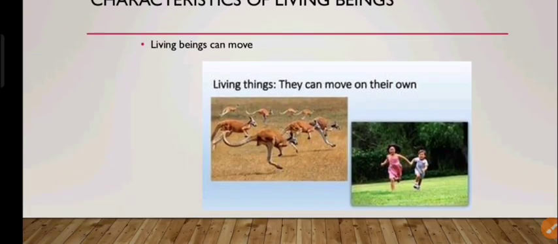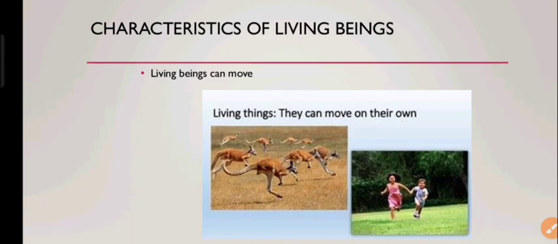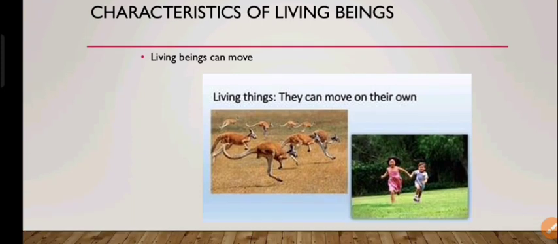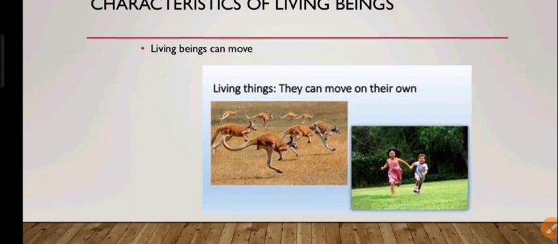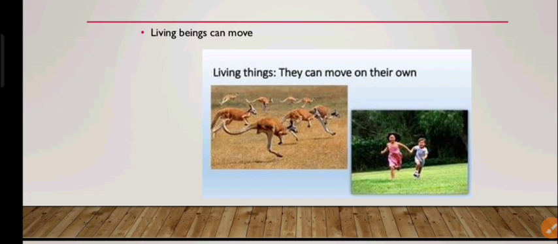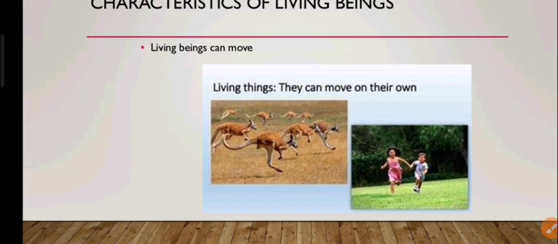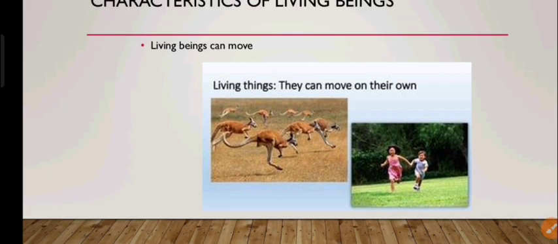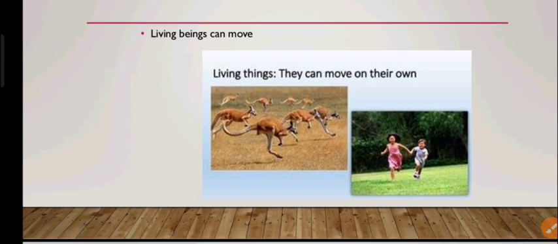The next characteristic is that living things can move. Yes, movement is a most important sign of living things, because animals and human beings have to move from one place to another in search of food and shelter, and also they move from one place to another to protect themselves from enemies.